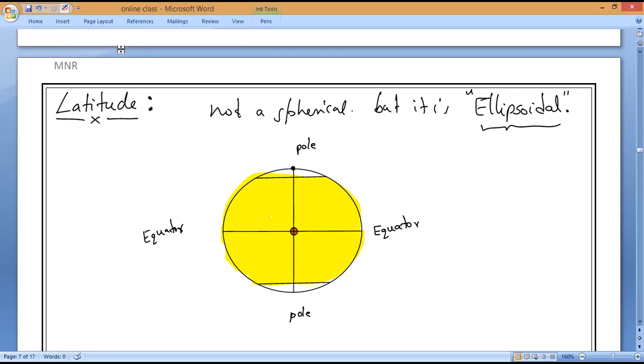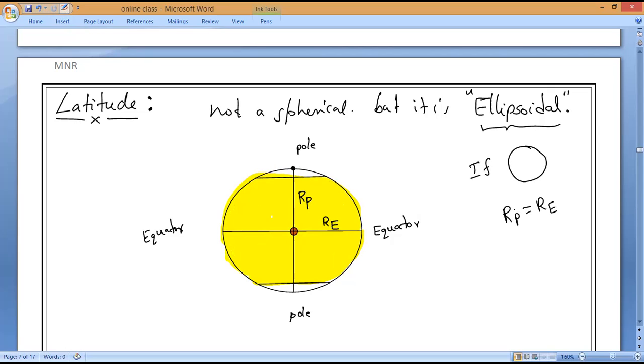Are you understanding? Now, let me consider this one as the radius at the poles, and this one as the radius at the equator. Understand? Respond, if you understand only, I will proceed. Now you tell me, if Earth is a spherical shape, RP equals RE.